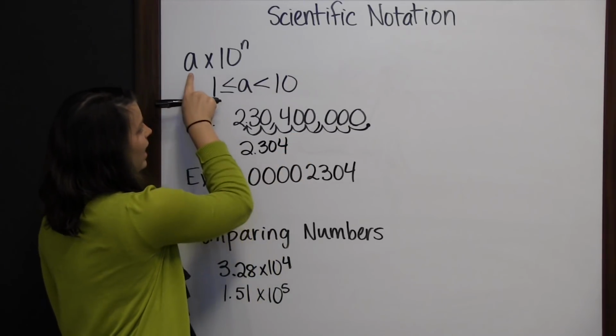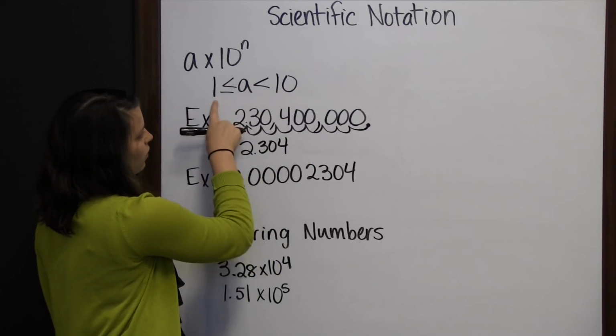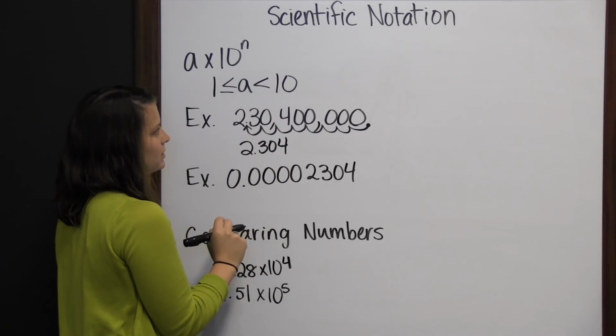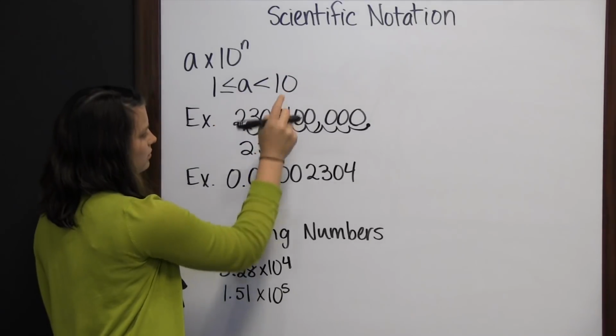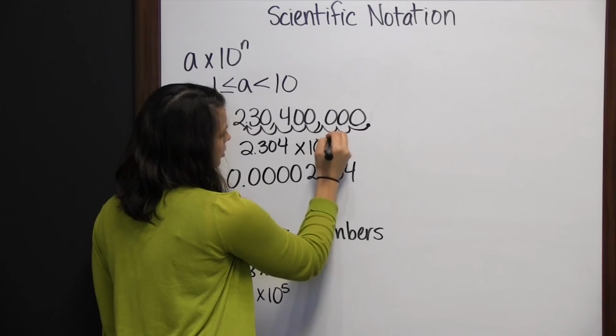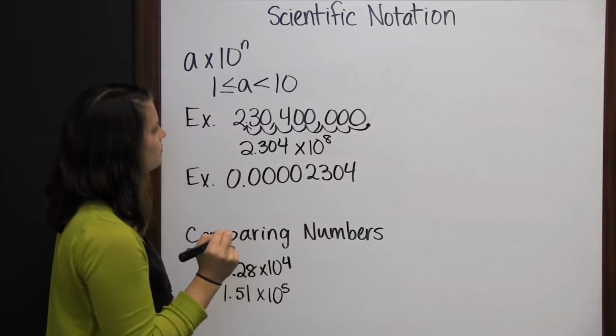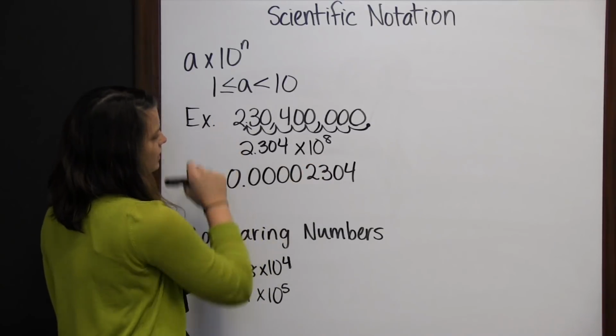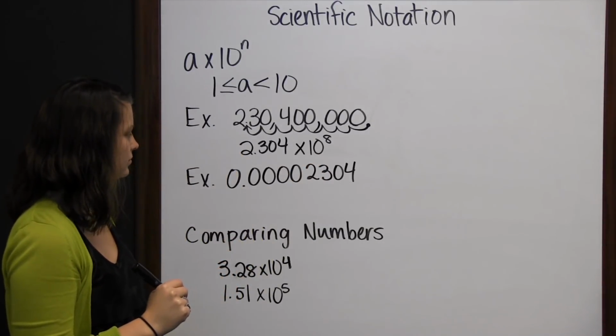And you see my a is a number between 1 and 10. 2 and 304 thousandths is greater than or equal to 1, but less than 10, times 10 to the 8th. And this number is the same as my original number.